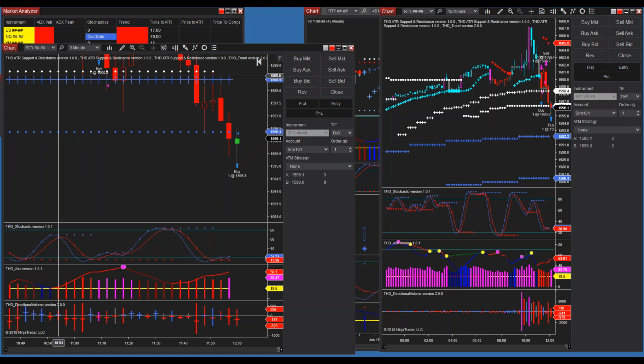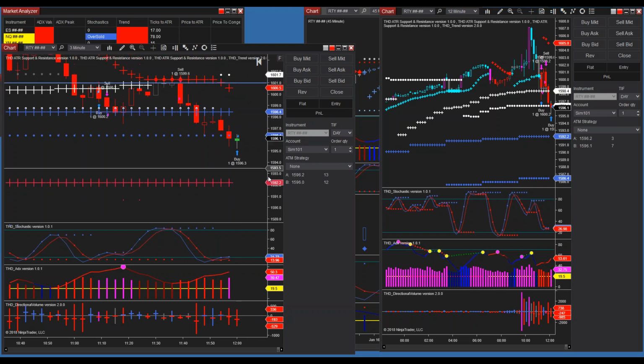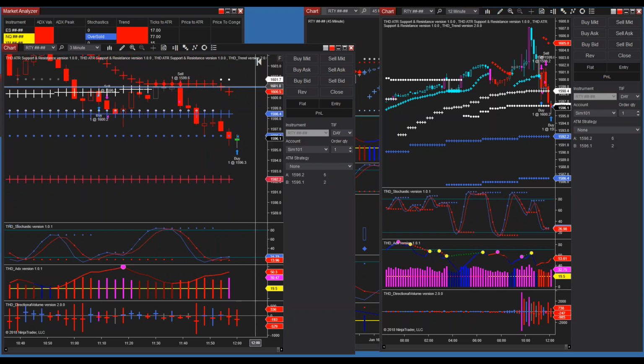We did make up for the loss by taking that one trade, even though I was late to the game. I should have been in at 1601. Instead, I was in at 1599.6 and managed to capture just a little bit over 2 points. 2.3 to be exact. Any questions?